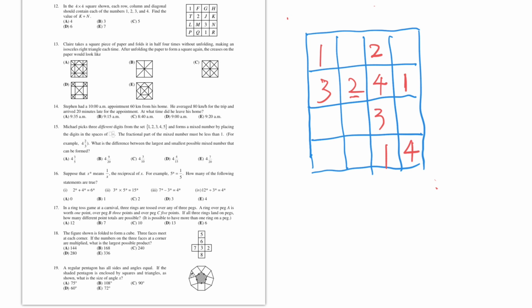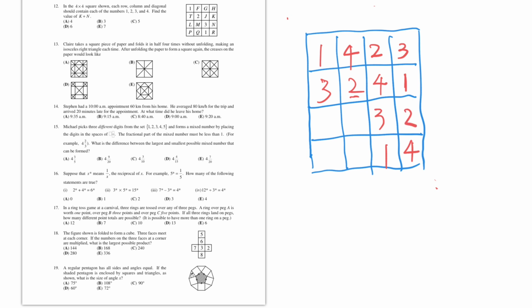Now we do the top row. We already have the 1, 2. We need the 3, 4. 4 cannot be here because the bottom has the 4. So 4 will be here and the 3 will be at the end. Now for the last column, we have the 1, 3.